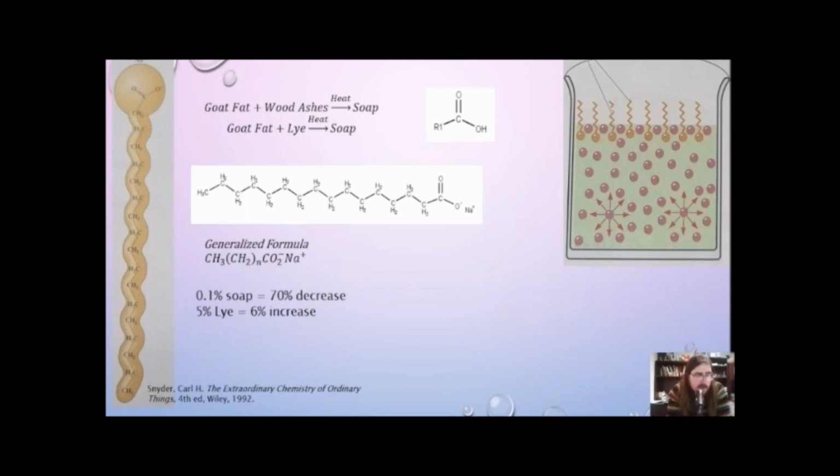The polar head is very hydrophilic, which is Greek for water loving, and the tail is very hydrophobic, meaning water fearing. So the tail doesn't like water, but the head does. And so all detergents will contain some sort of hydrophobic and hydrophilic portions.